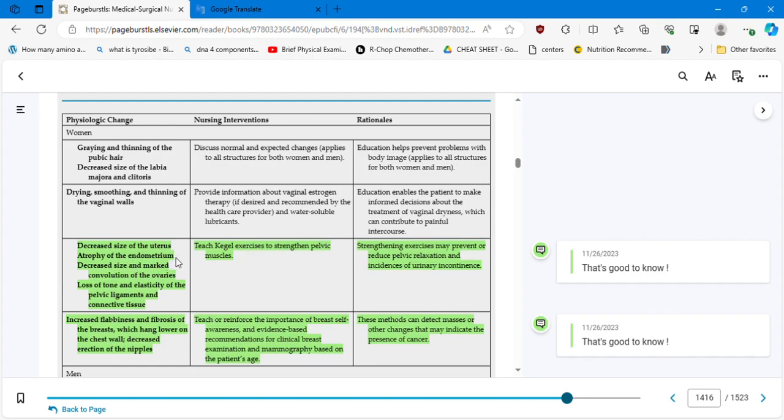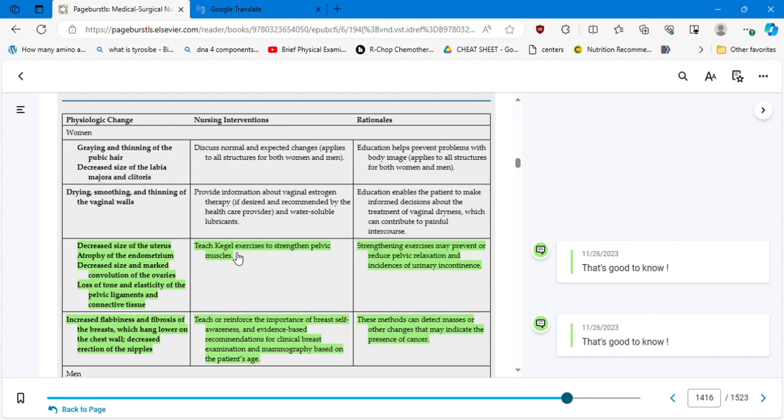When we talk about the uterus, let's remember that the uterus has a thin internal layer that goes around the hollow uterus, and that is called the endometrium. So there is atrophy of the endometrium, decreased size and marked convolution of the ovaries, loss of tone and elasticity of the pelvic ligaments and connective tissues.